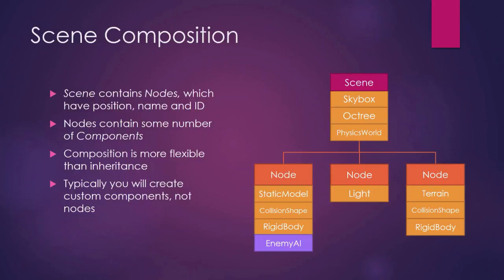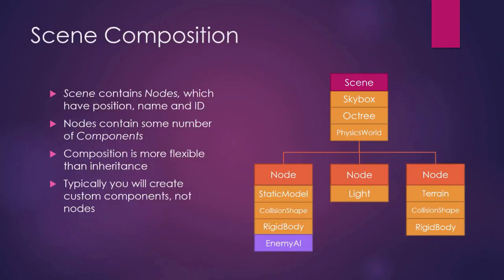Scenes contain components, nodes contain components, but that's all the structure there is. Though I have seen samples where people create things made up of multiple nodes, and then they place components in those nodes that know about the other nodes and interact with them. So you can still build very complex things.